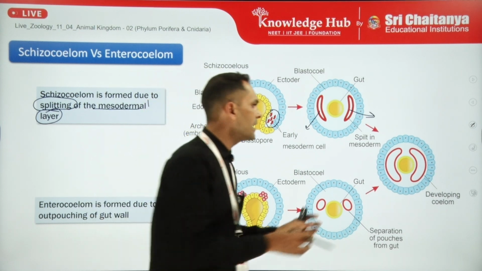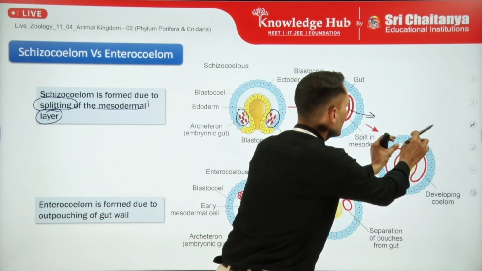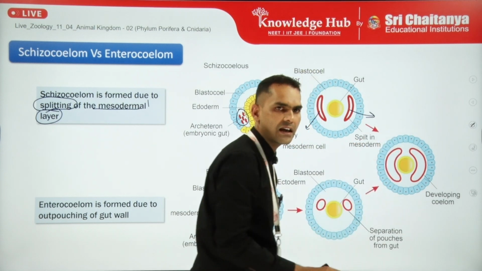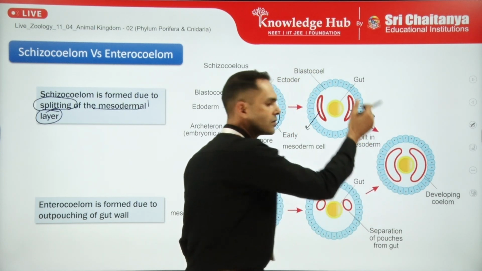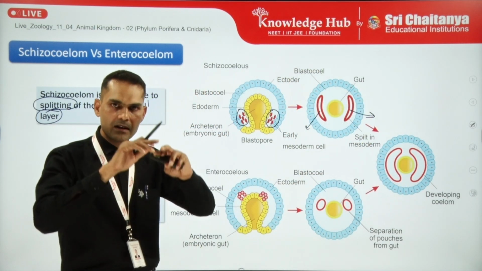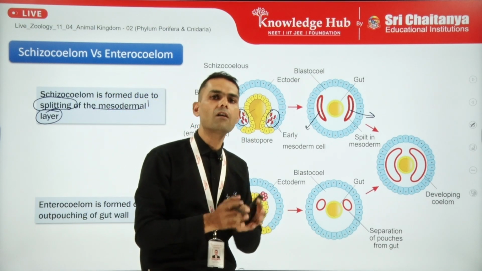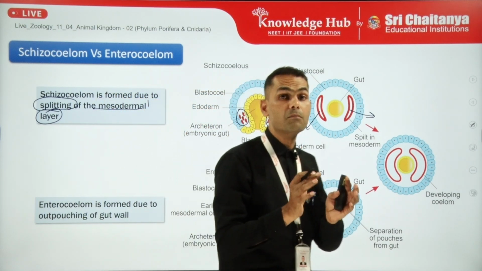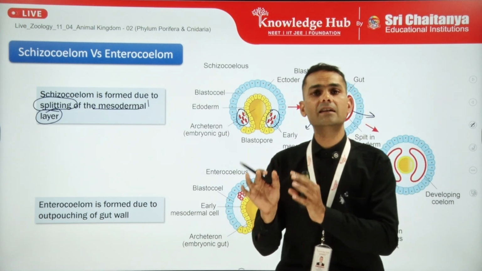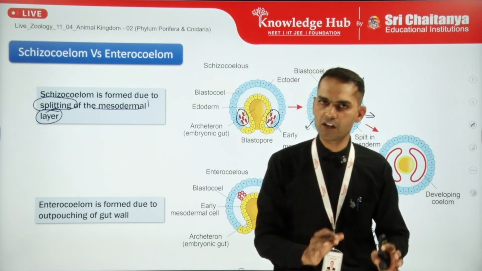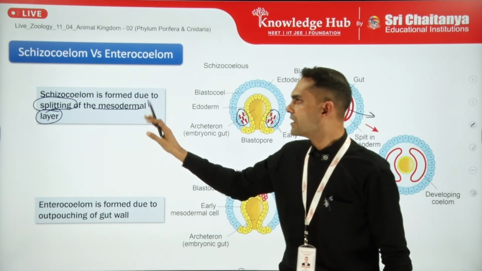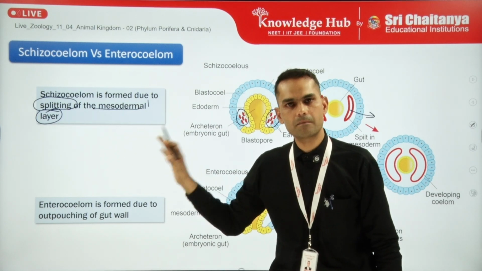Fine. So it develops in both the ways. Both the mesodermal layers develop the cavity, and when they finally fuse at the top and the bottom part, then this results in the formation of whole body cavity, which is lined by the mesodermal layer and hence called coelomic. Right? So this is the schizocoelom development method.